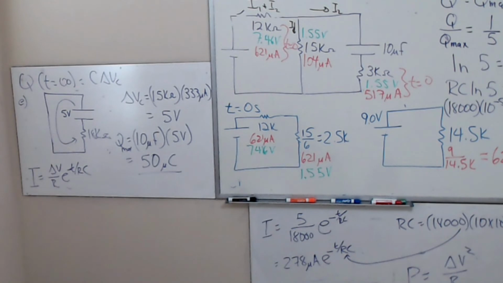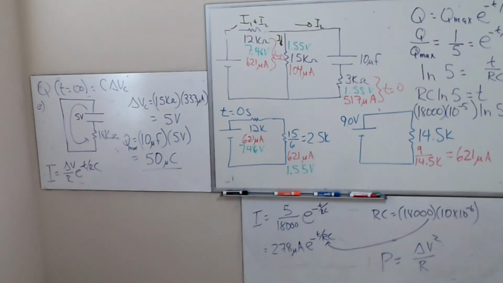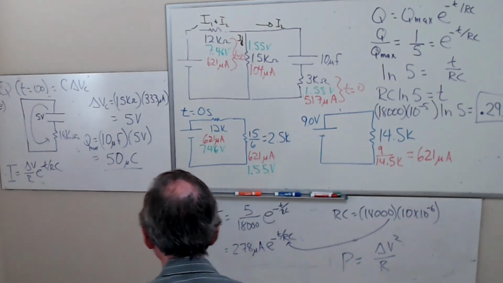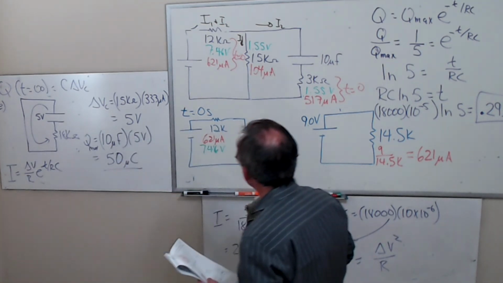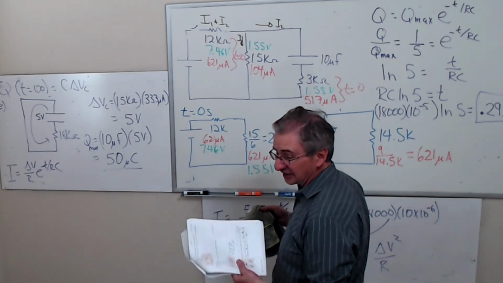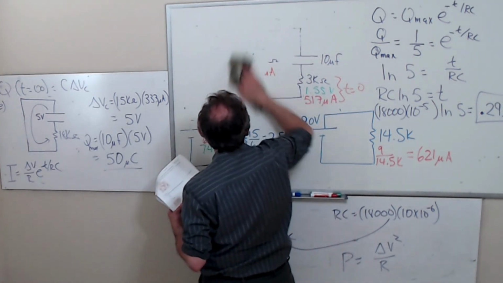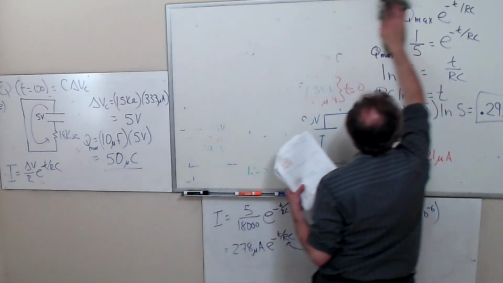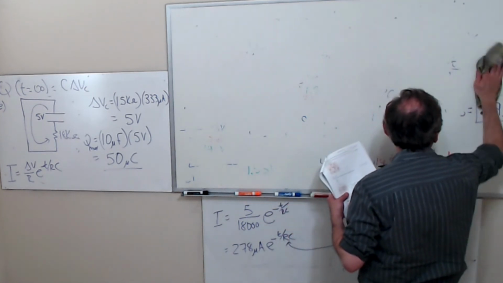Okay, the one thing I had mentioned regarding number 5 is it's hard to see from that picture. That's one of the reasons why I gave that problem, because you really don't want to just focus on putting numbers into an equation, but really understand what's going on in the circuit.